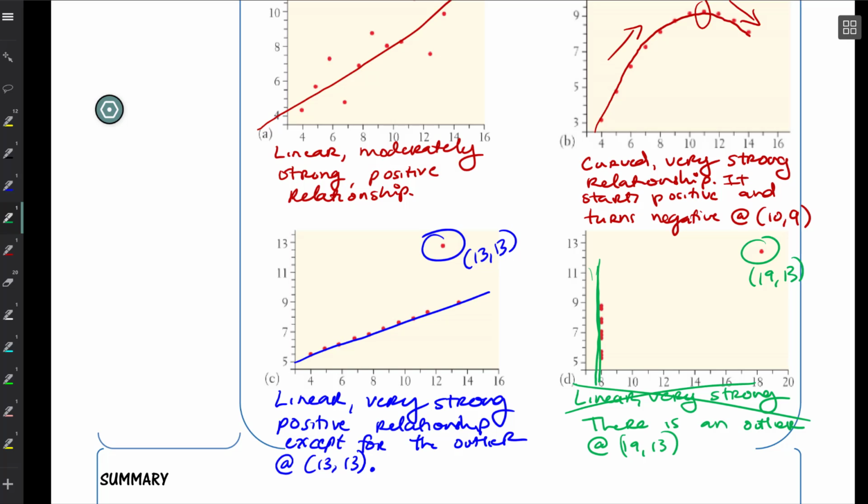Every other individual has an x value of 8, regardless of their y value. And that's a good way to describe that verticality.